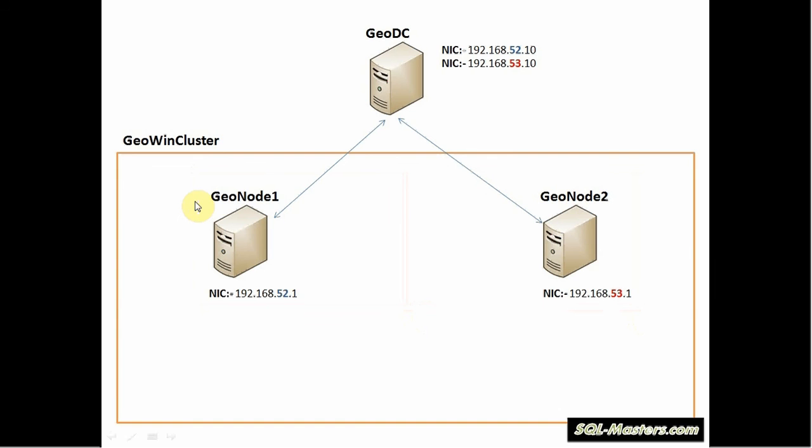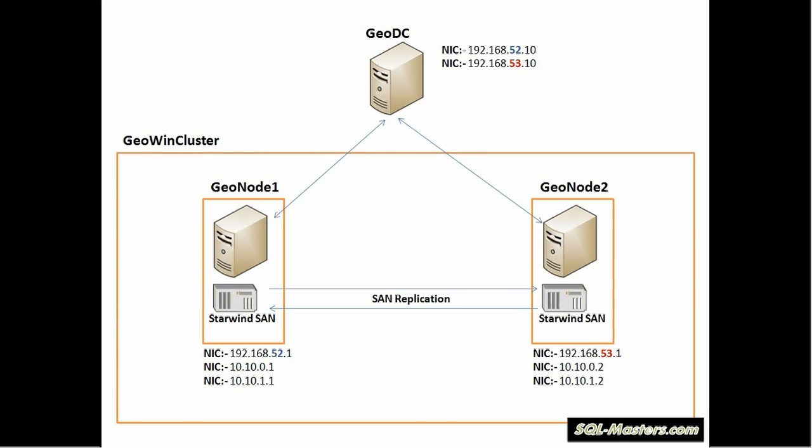When we are done with adding both nodes to Windows cluster, it's time to create a virtual SAN. I'll be using StarWin in order to create virtual SAN and replicate data between both the SANs.